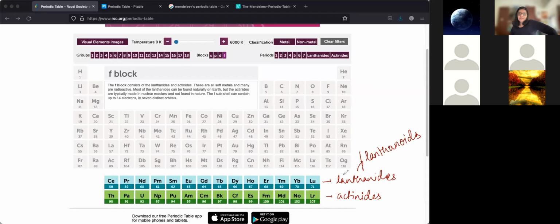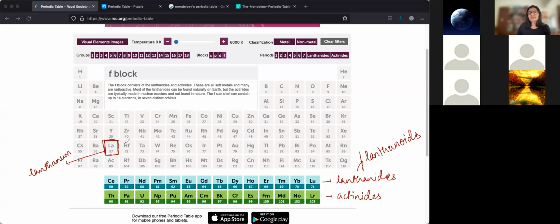The reason is that this first row of elements follows a particular element, atomic number 57, lanthanum. Symbol is La. All of these show extreme similarity with lanthanum.